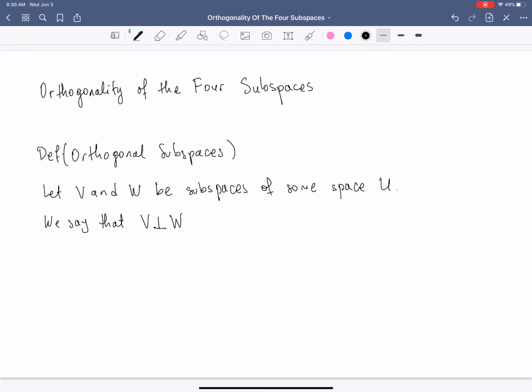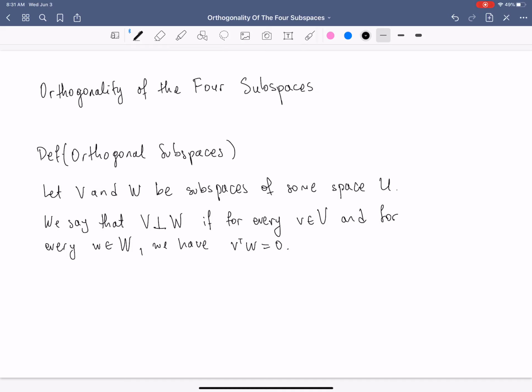We'll say that the subspaces V and W are orthogonal if for every V in V, so for every vector in the first subspace, and for every W in W, we have V transpose W is 0. Okay, let's unpack what this means.